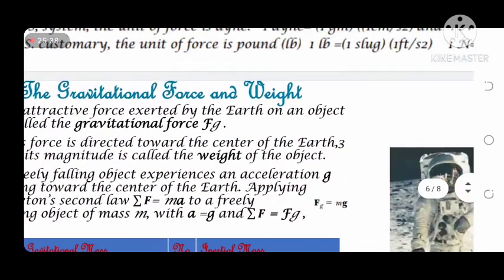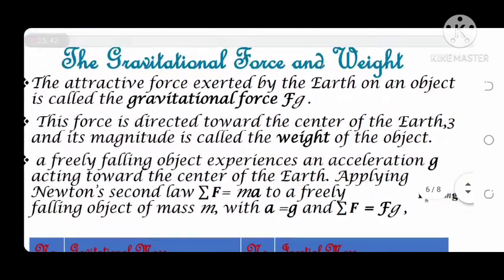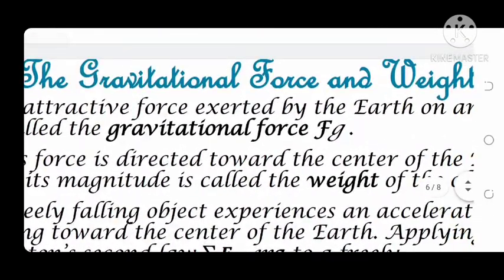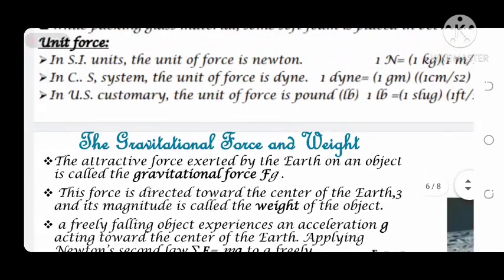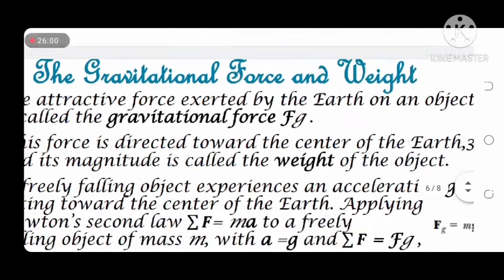Gravitational force is what? We can define it as the attractive force exerted by Earth on an object, called gravitational force. Fg can be the symbol of this gravitational force.